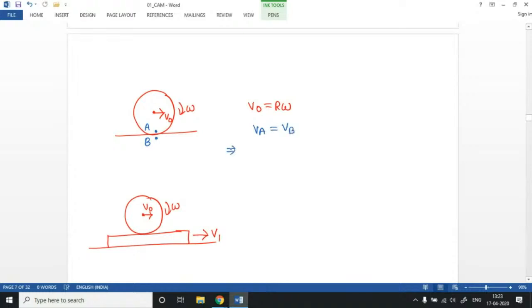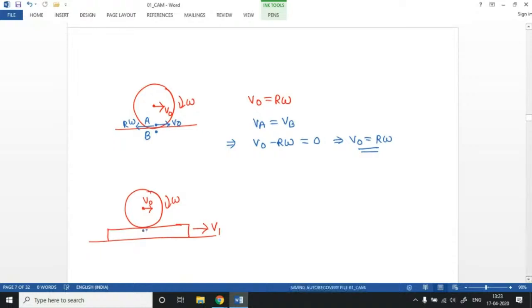So VA, we have already learned, will have, due to translation, velocity V naught, and due to rotation it will be having R omega. So velocity of point A can be written as V naught minus R omega, which will be equal to VB, which is equal to 0. So this way also we are getting the condition for rolling.